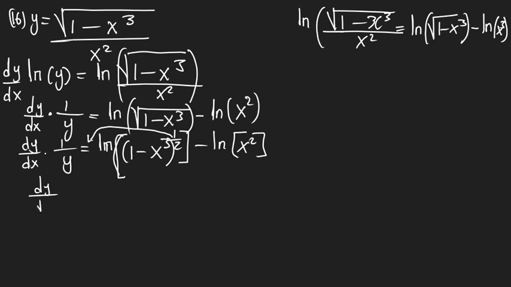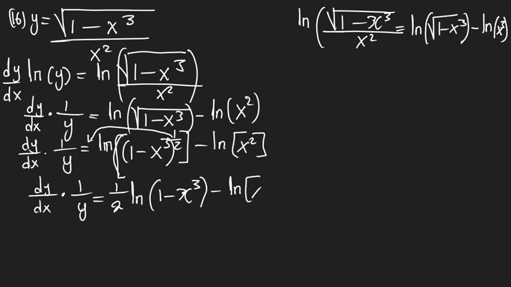So dy over dx, 1 over y is equal to 1 over 2, the natural log of 1 minus x to the power 3, minus ln of x to the power 2. Now when you reach here, what is ln of this particular expression?